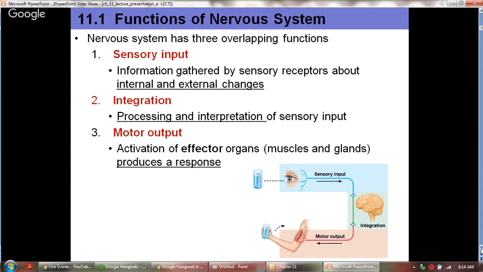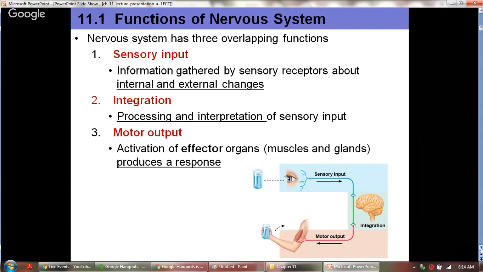Even though the nervous system has lots of functions, you can classify them basically into three main ones, and they can overlap with each other. The first one is sensory input. Information is gathered by sensory receptors from internal and external changes. We call them stimuli.